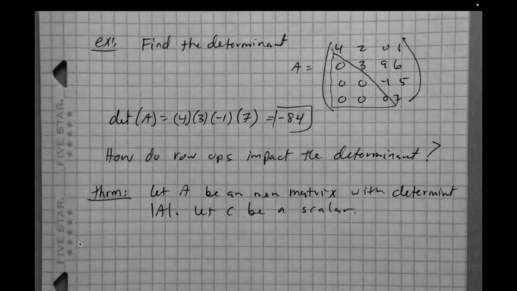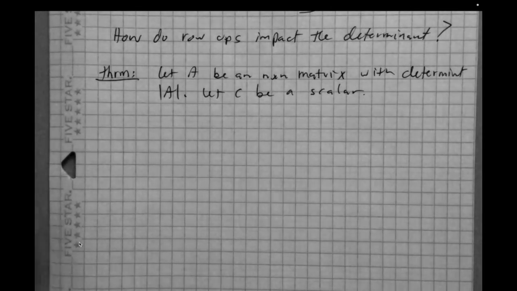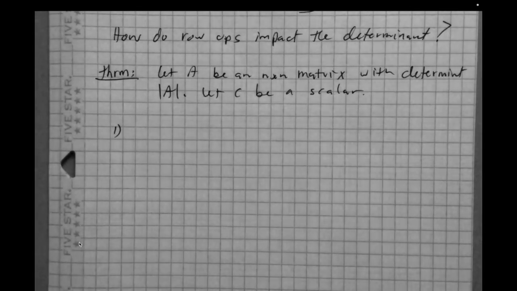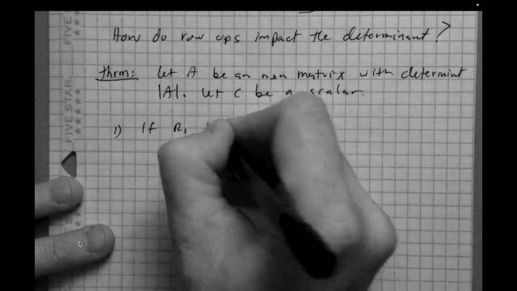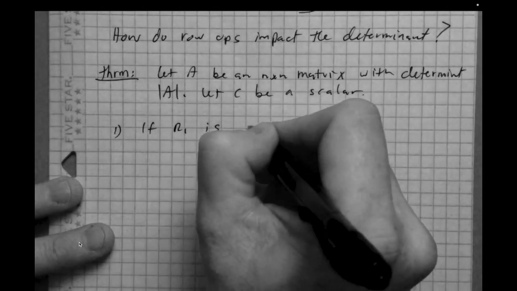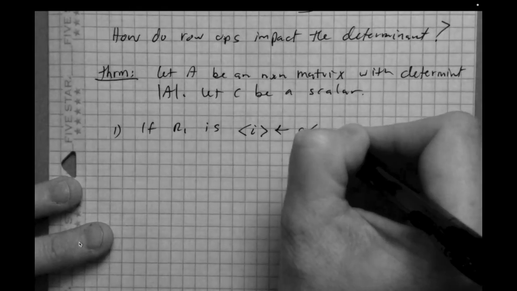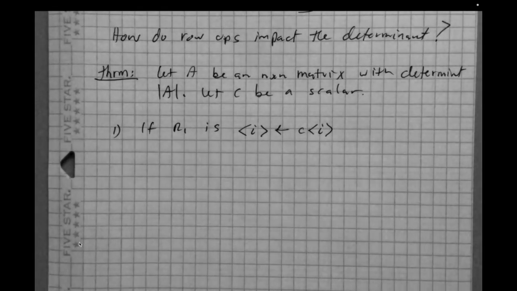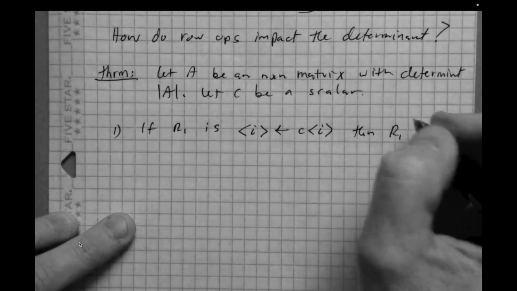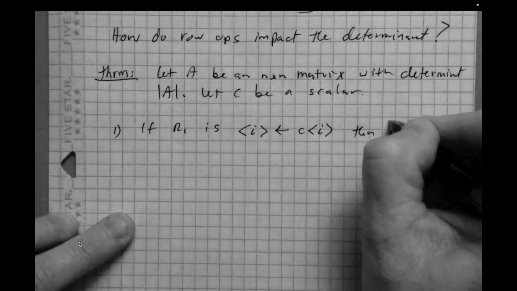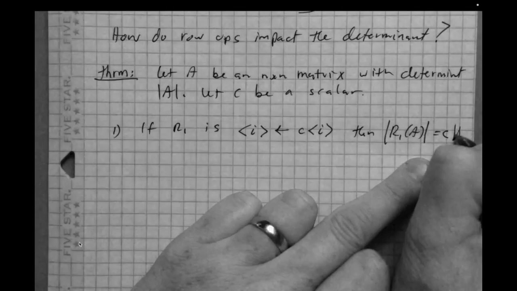Let's talk about each of the row operations separately. We'll start with row operation 1, where you take a constant times a row, and that becomes the new row. Then the determinant of the matrix after row operation 1 is applied to A is equal to the constant times the determinant of A.